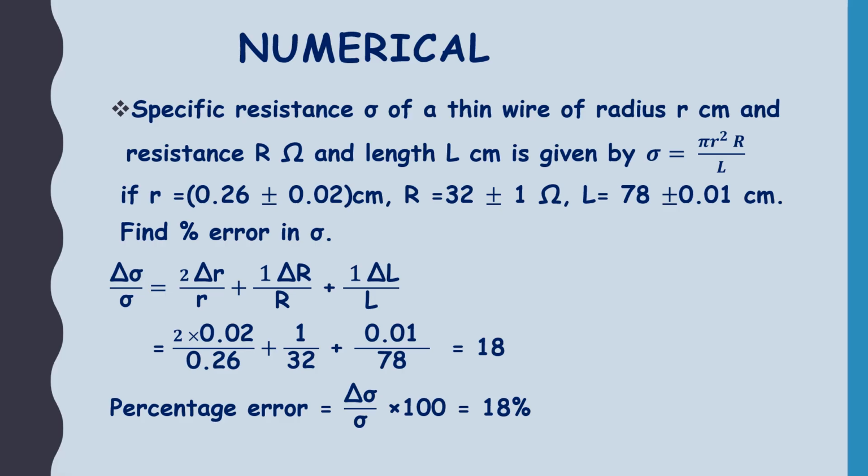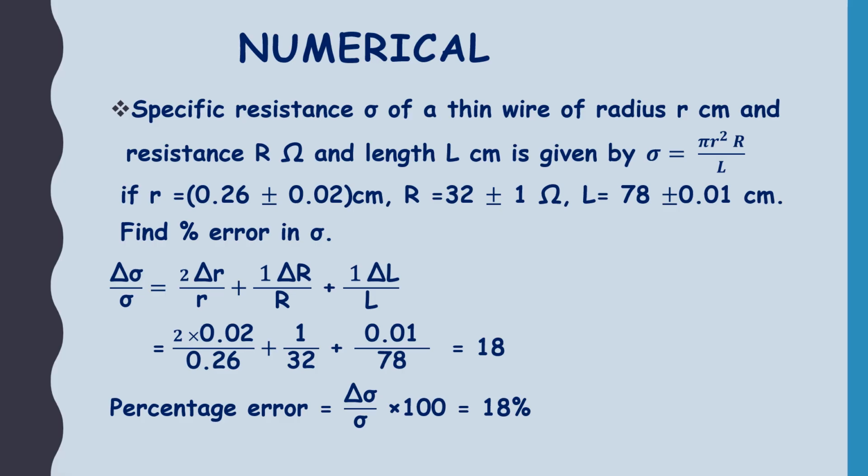So what is percentage error? Percentage error is 100 multiplied by the fractional error, and fractional error is what? Delta sigma divided by sigma. In the formula you have pi as a constant, so pi is not included in the error. This is a constant. This can never have an error. So the error can be in the variable quantities small r, capital R and L. These are the variables.